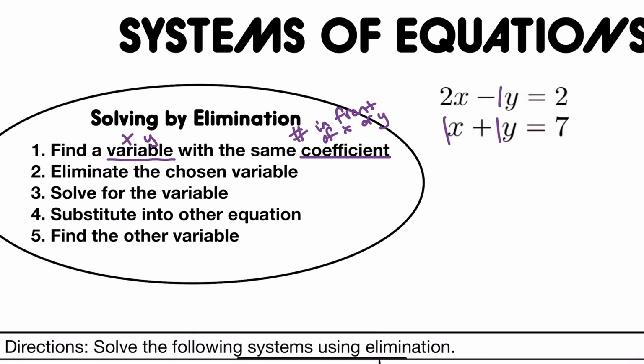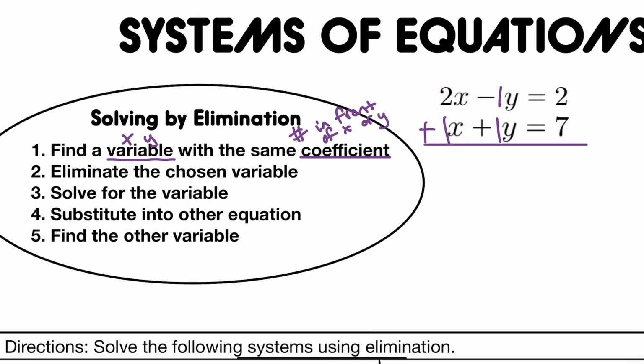All right, so that second step is eliminating. What we're going to do is just make this into a giant addition problem. So we're going to add these two things together. So remember, back when we were talking about combining like terms, your x's can only add to x's, your y's can only add to y's. So I have 2x plus x.